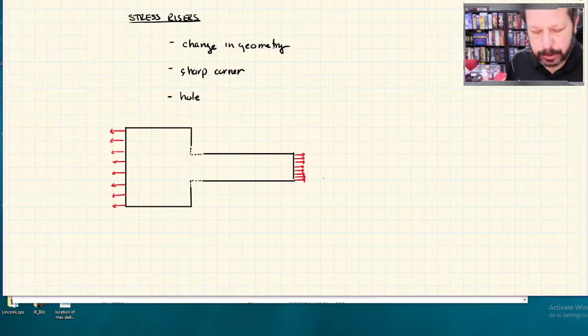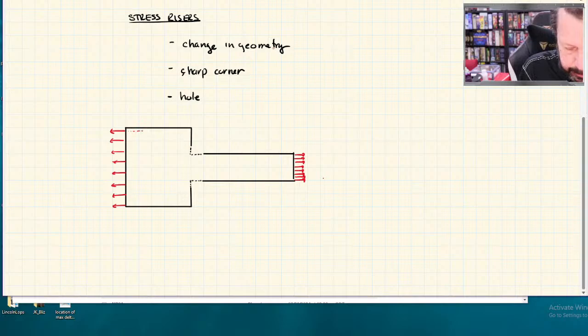So how this will work with this sharp corner is that this stress has to flow somewhere like that. And then this one has to do something like this. And this one has to do something like this.